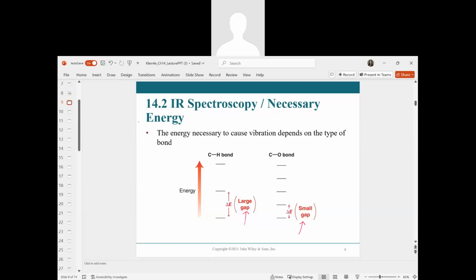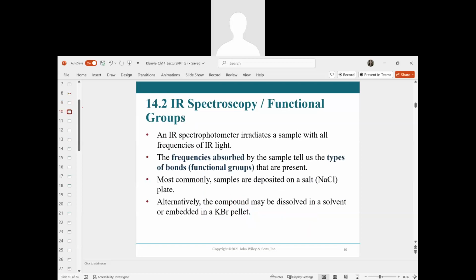So these different vibrations depend on the type of bond, or rather the energy that's needed to cause these vibrations will depend on the type of bond. So we're going to see that a larger amount of energy can be absorbed by these CH bonds versus the CO bonds, and that will be given in our spectroscopy data, right?